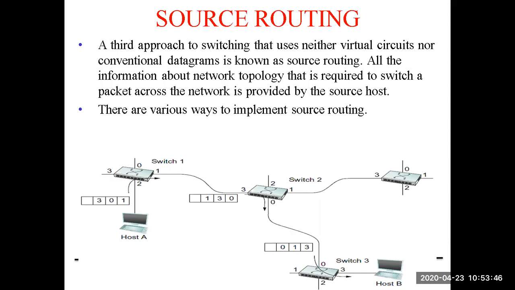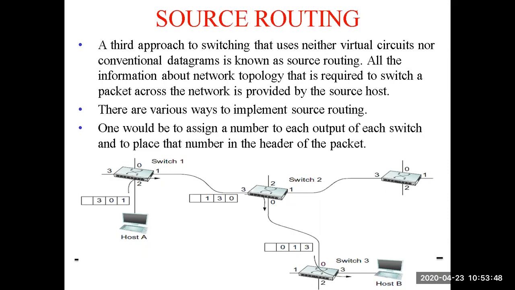But one of the common ways, the simplest way, is to assign a number to each routing switch, and it will be sent. This number is present in the header. This is one very important thing that you should understand.